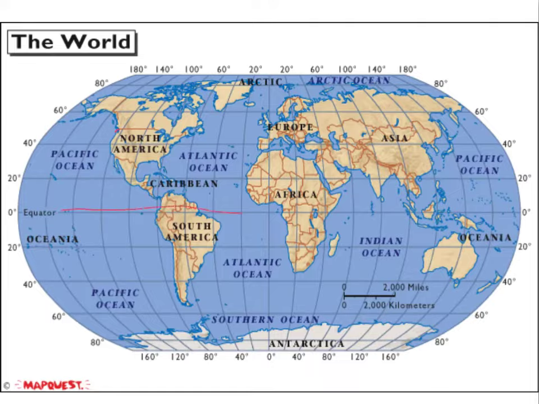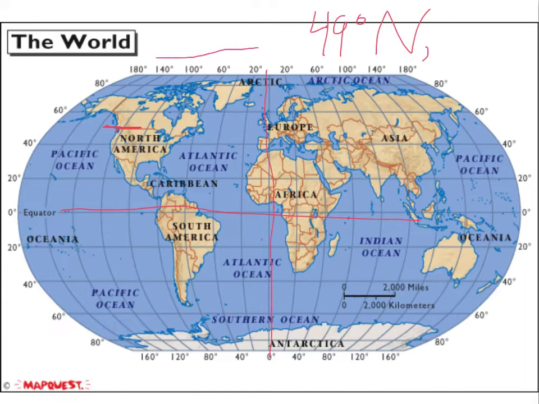Latitude first, it's above the equator, so it is north. How far north? It looks like it's not quite halfway between the 40 and 60 degree north lines, so let's call it 49 degrees north. How far east-west? What's the longitude? Here's the prime meridian.